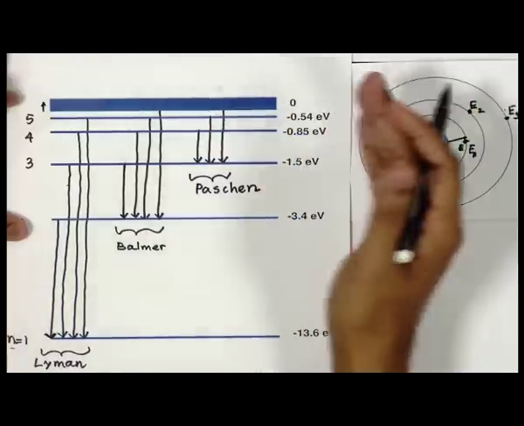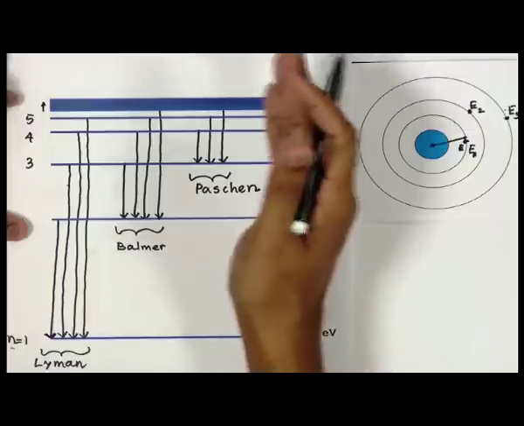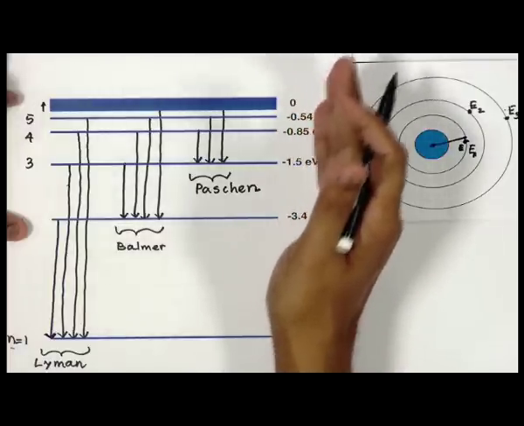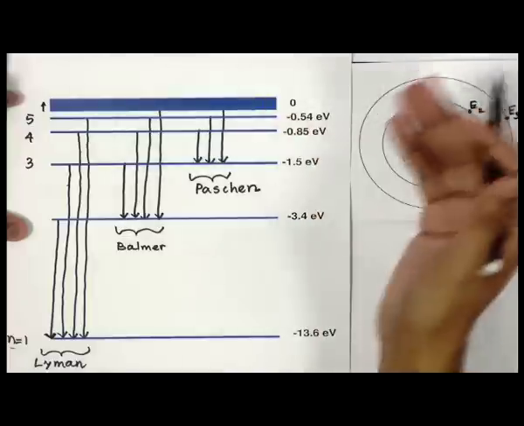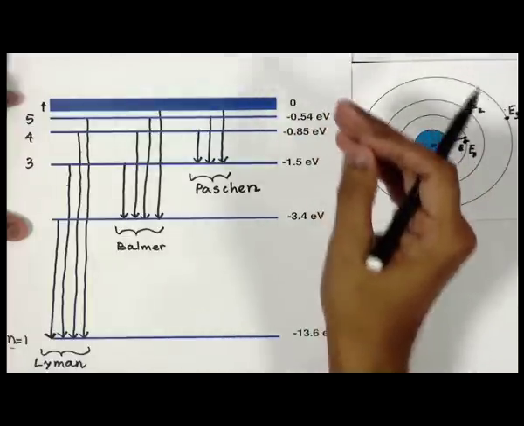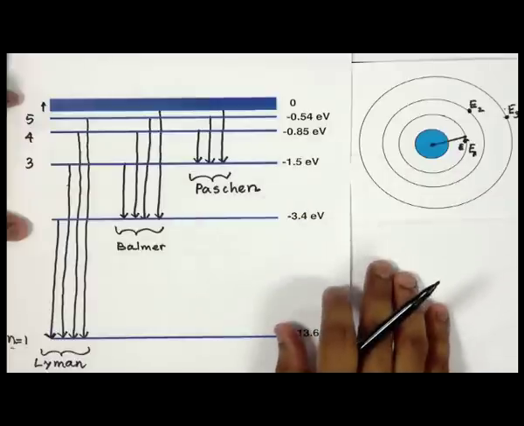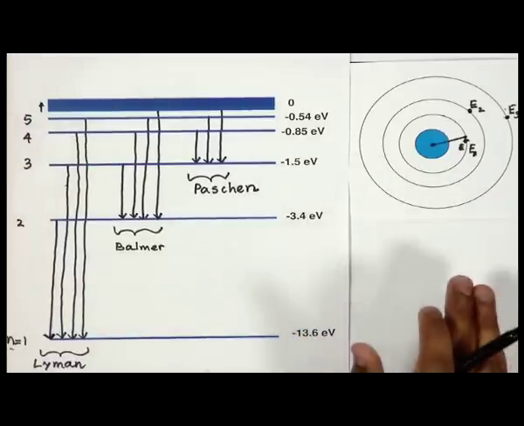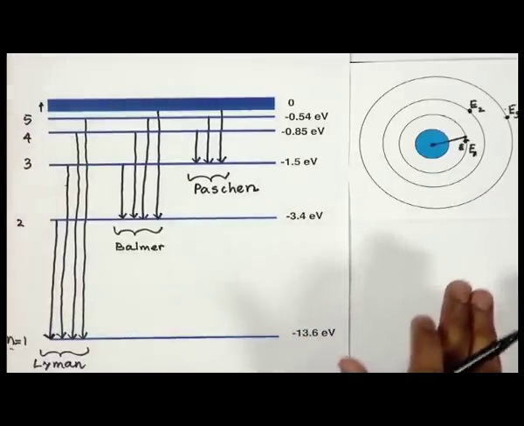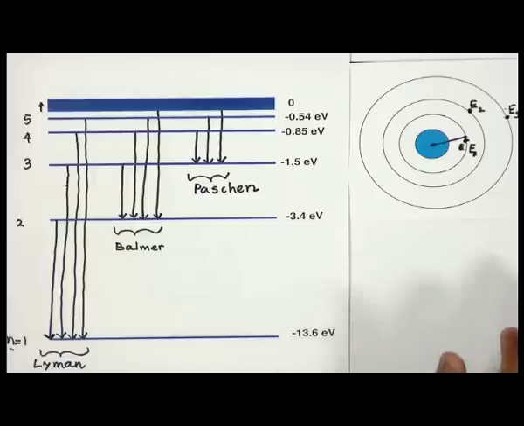Therefore, they will give away radiation of almost the same wavelengths. This is how Niels Bohr, with his simple atomic model, could explain the very complicated features of the emission spectrum of the hydrogen atom.